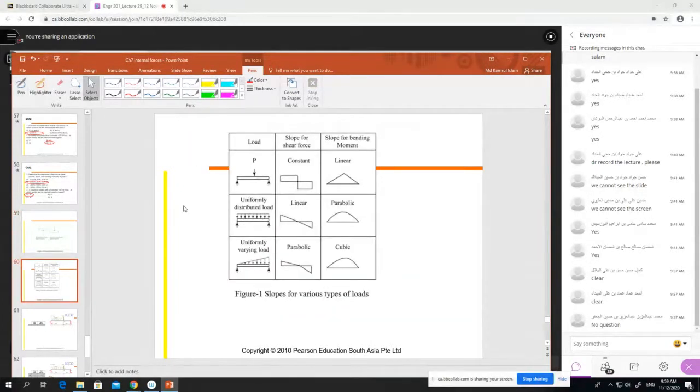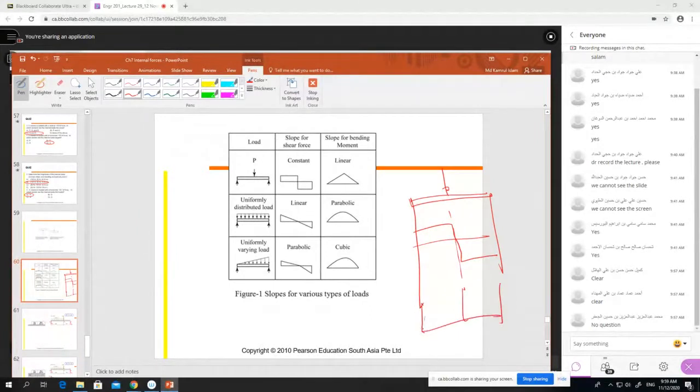As I told you, from where we got this information and how you know this: we have drawn a shear force diagram for this beam, if you don't forget, like this. The shear force diagram was like this, and the bending moment diagram was like this.